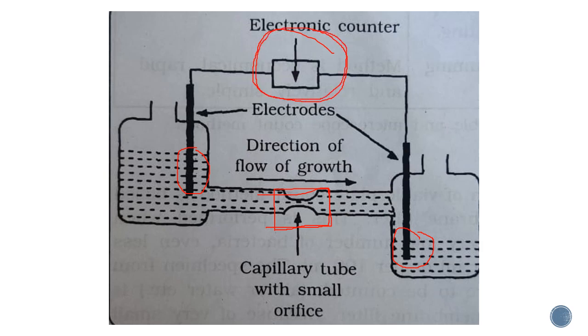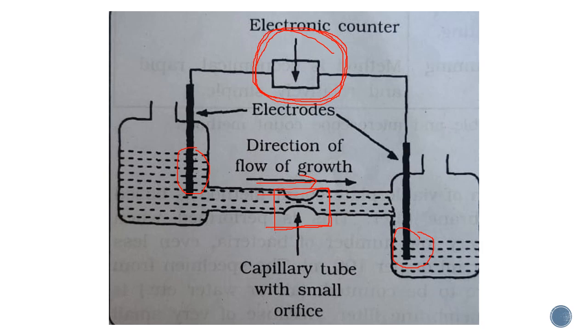The number is observed on this screen. This is the flow of growth, so in this direction the growth medium flows from one chamber to the other. This is the electronic counter method for determining bacterial cell number.